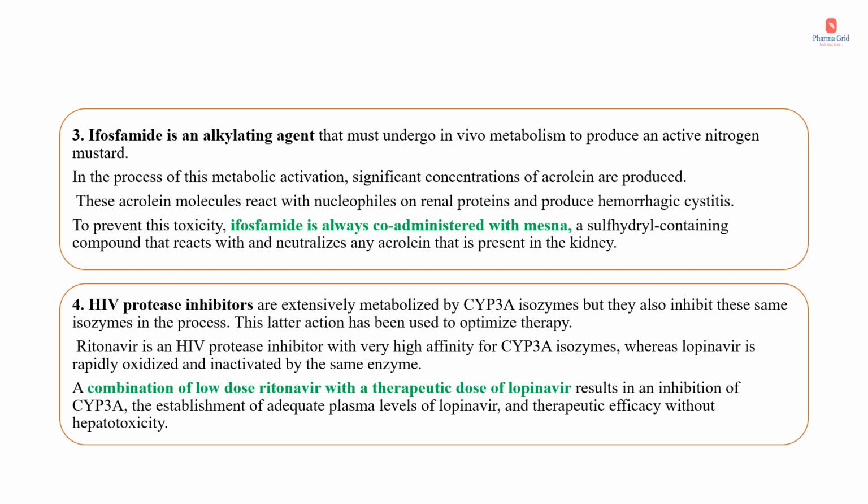For example, ritonavir is an HIV protease inhibitor with very high affinity for CYP3A isoenzymes, whereas lopinavir is rapidly oxidized and inactivated by the same enzyme. So, a combination of low-dose ritonavir with a therapeutic dose of lopinavir results in an inhibition of CYP3A, the establishment of adequate plasma levels of lopinavir, and therapeutic efficacy without hepatotoxicity.